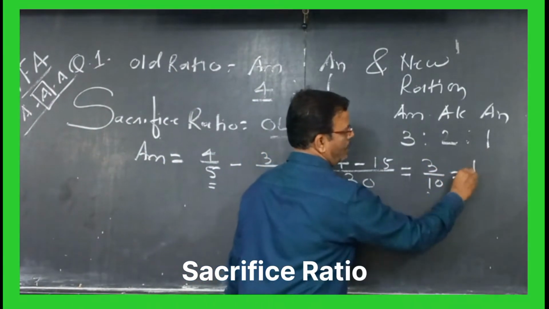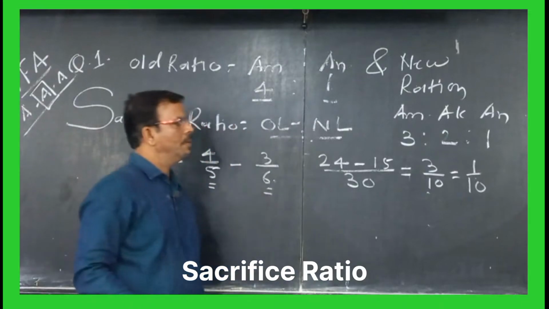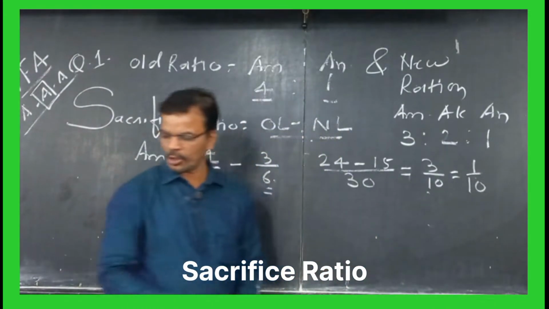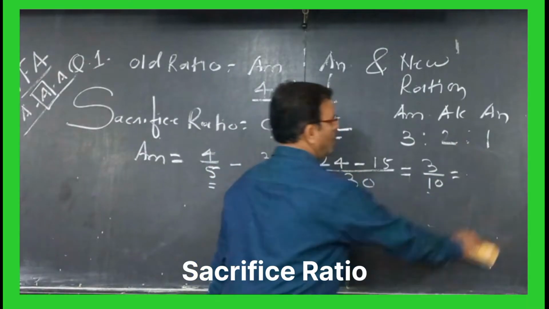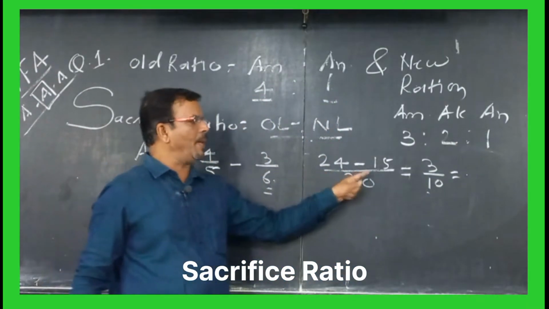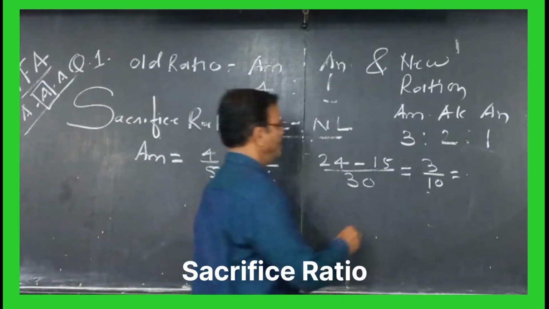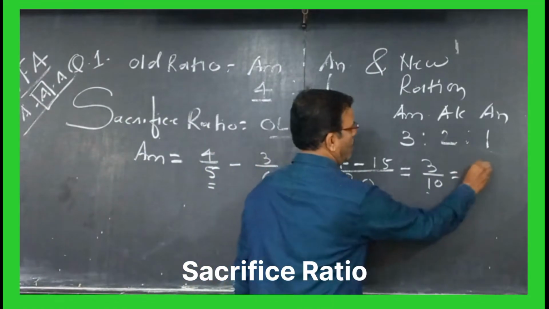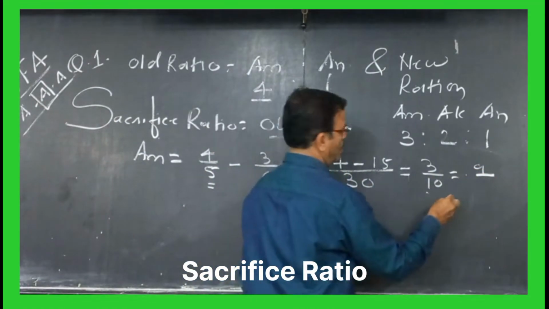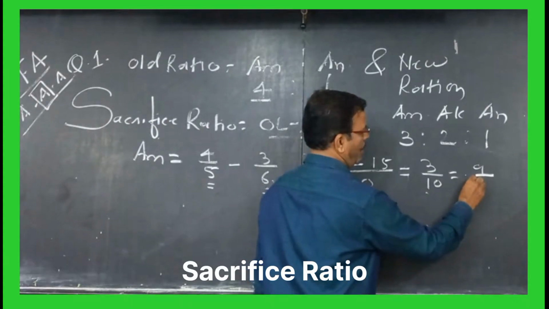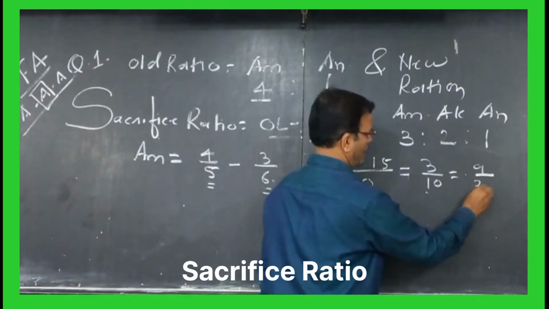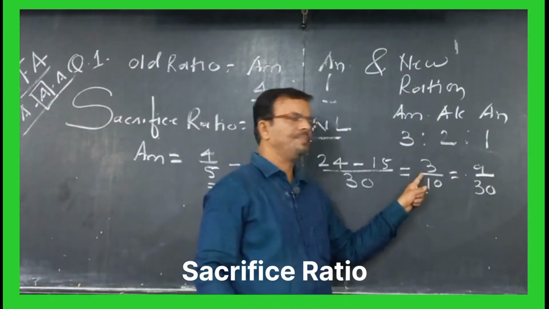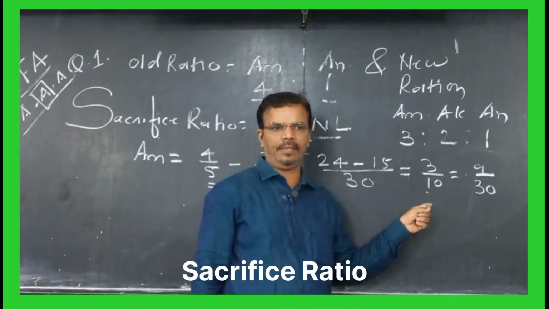In shortcut, 24 minus 15, how much is there? 9. 9 divided by 30. So 3 3s are 9 and 3 10s.